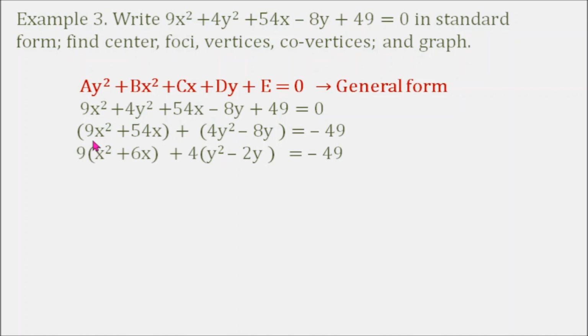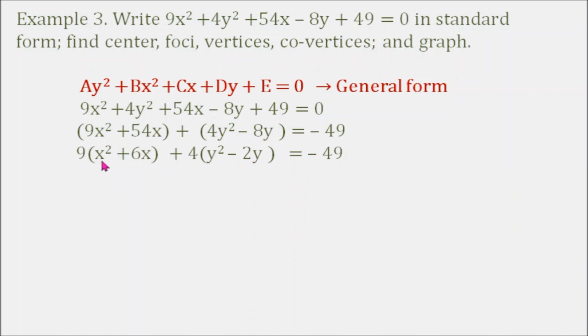So that means we have 9 times the quantity x squared plus 6x. Then we have 4 times the quantity y squared minus 2y. If we are going to check, we are going to multiply back. 9 times x squared is 9x squared. 9 times 6x, that's 54x. And also 4 times y squared is 4y squared. 4 times negative 2y equals negative 8y.